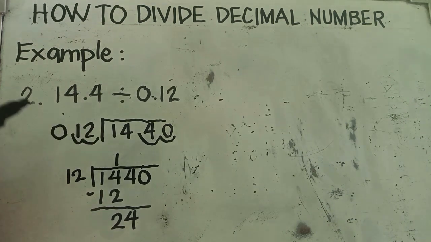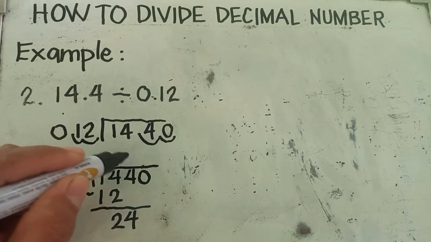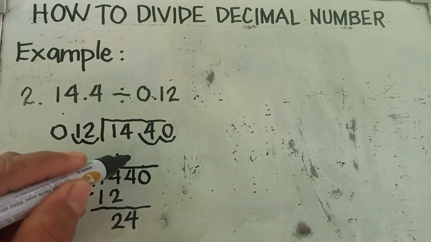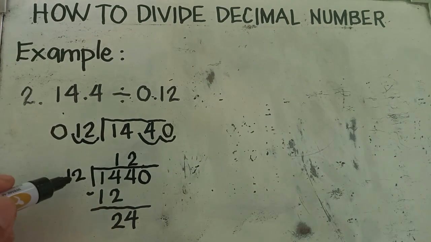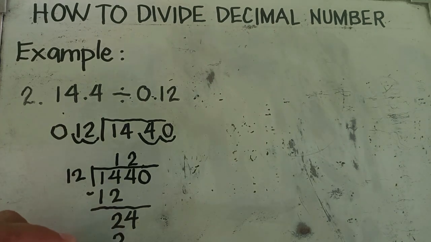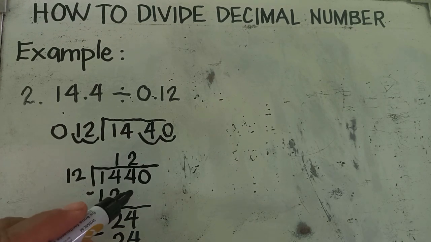So 24 divided by 12 is equal to 2. Sulat na natin ang 2 sa ibabaw ng 4. So 2 times 12 is 24. Then we will get the difference. So 24 subtracted by 24 is equal to 0.